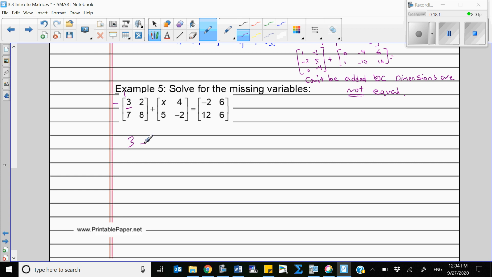So 3 should be added by x, and the answer should be also at the same location, which is at row 1, column 1. So that should be equal to negative 2. So now I have a simple equation. I want to solve this for x. The only thing that I need to do here is to subtract 3 from both sides, and next I will have x is equal to negative 5. So that's how I solve for the missing variable in a matrix.